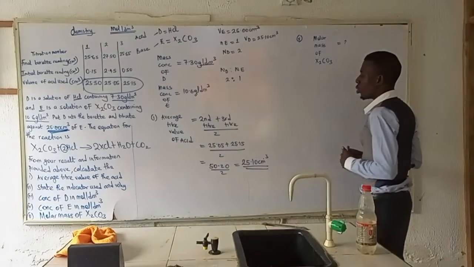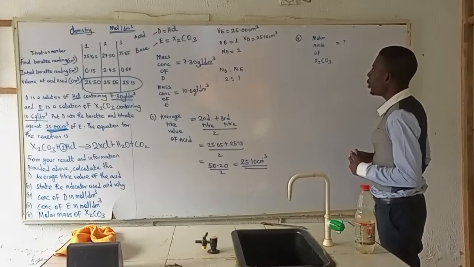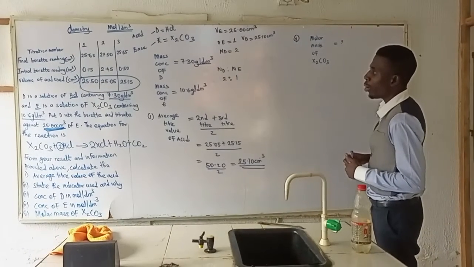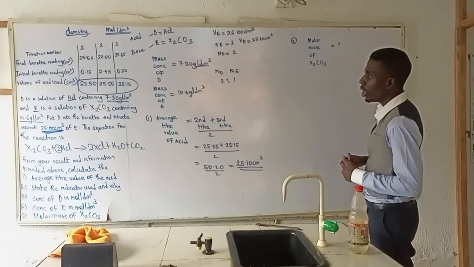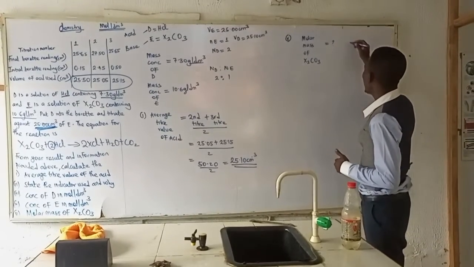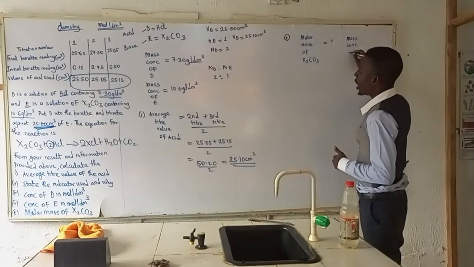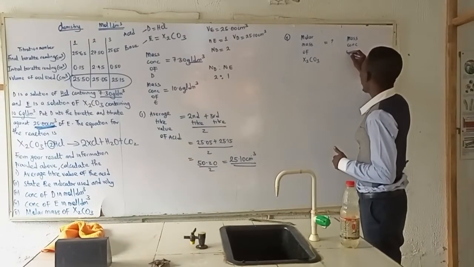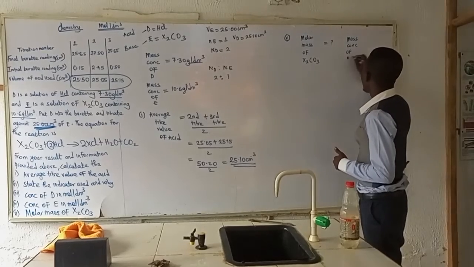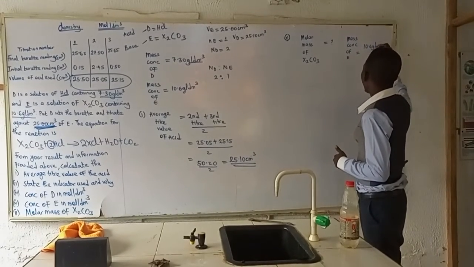Now in this particular question, information related to E was actually provided. They are giving us the mass concentration of E, which has been provided in this question to be 10.6 gram per dm³.